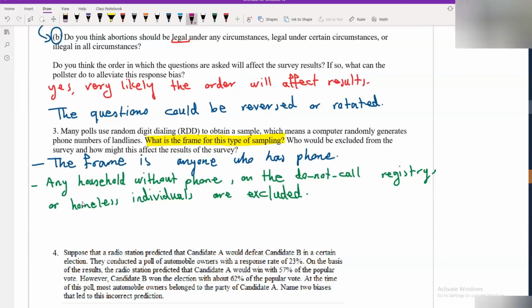And okay, how might this affect? Because of all these that are excluded from our sample, we are going to have sampling bias.